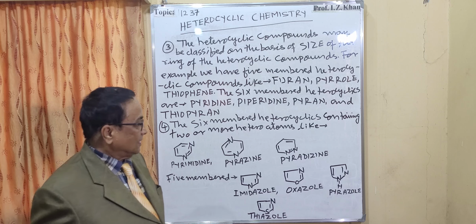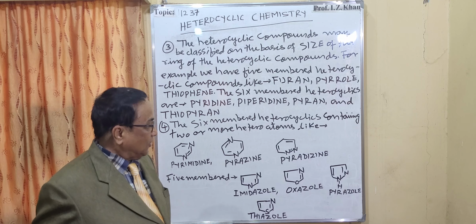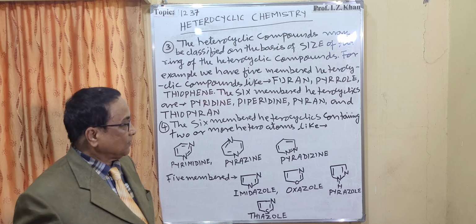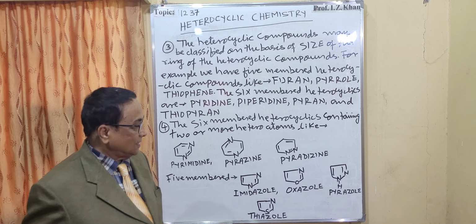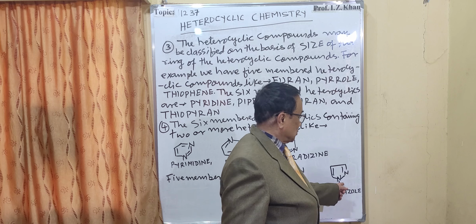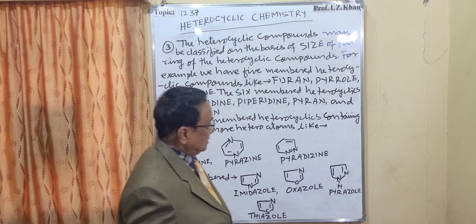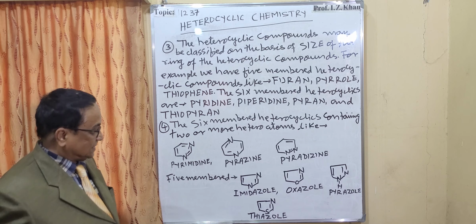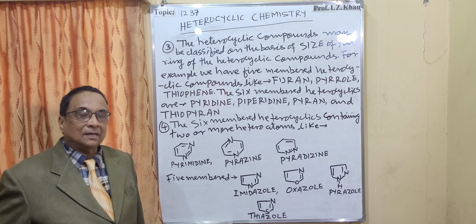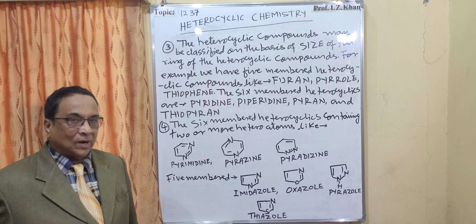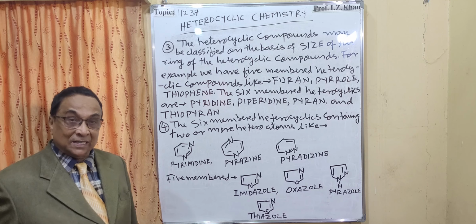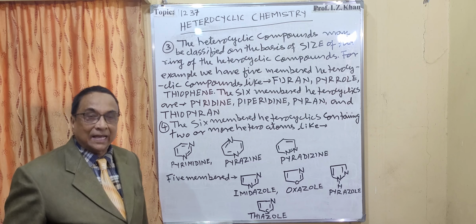Second one, that is oxazole, where one is oxygen, the other one is nitrogen. And then the other one is pyrazole, where the positions of the 2 nitrogens are very close or adjacent. And the last one, that is a 5-membered ring with more than 1 heteroatom, and they are also different. One is nitrogen, one is sulfur. It is called thiazole.